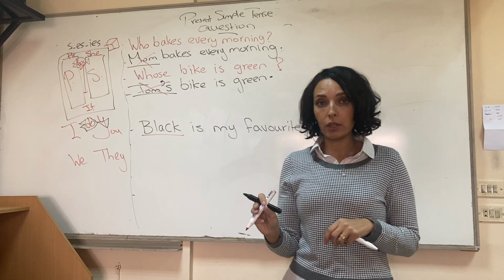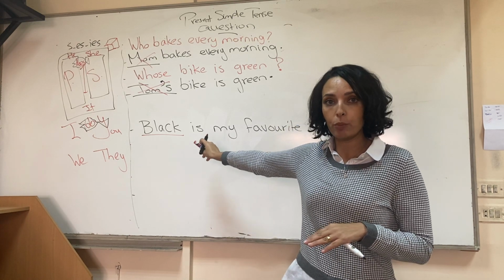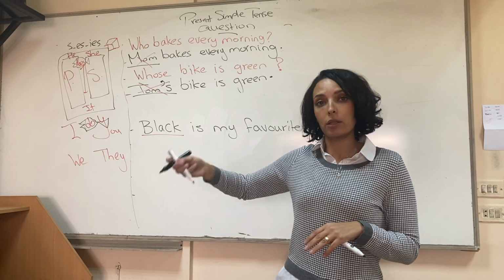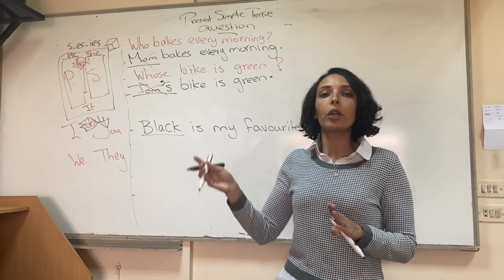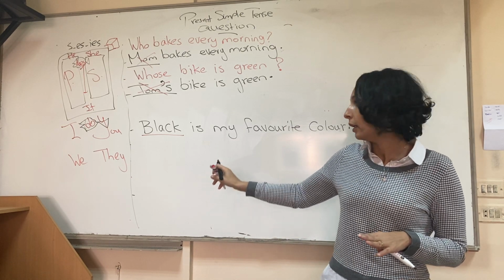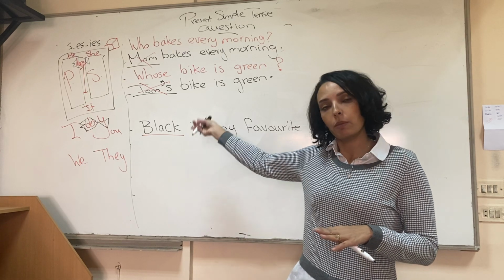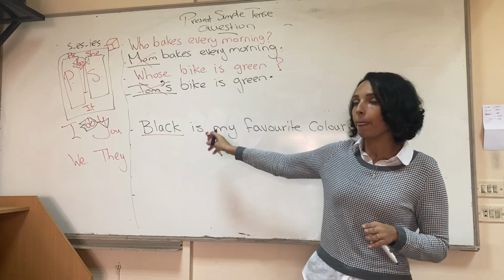And after it, let me tell you something. If you see verb to be, it is stronger than do and does. So if you find is, you will put it after the question word. Again, if you find is, it's stronger than do and does, so you put it after the question word.